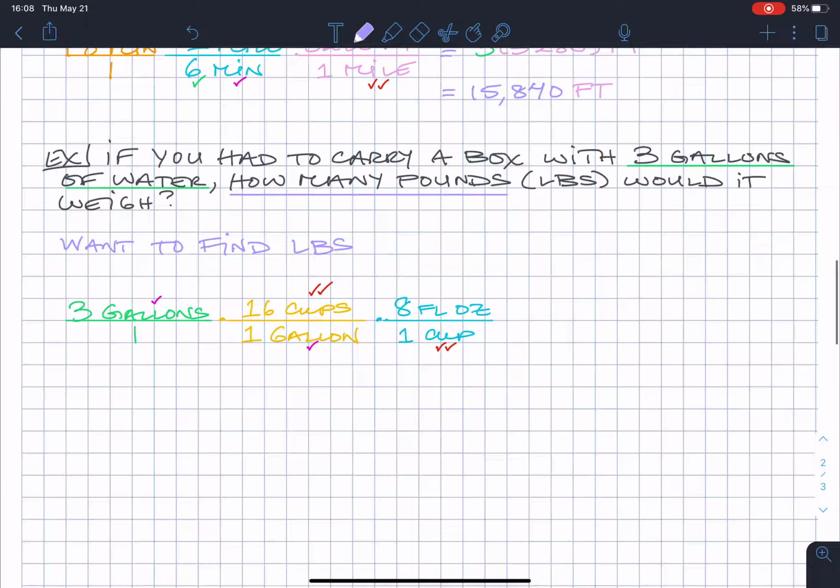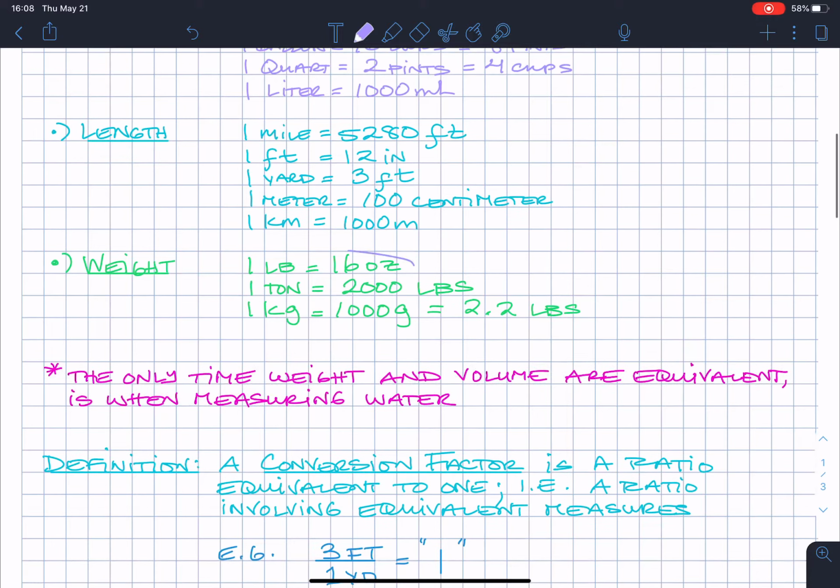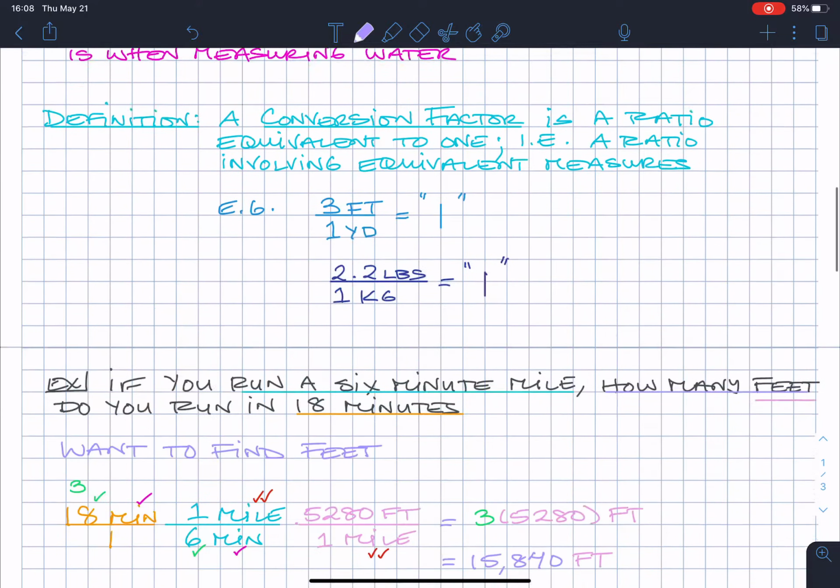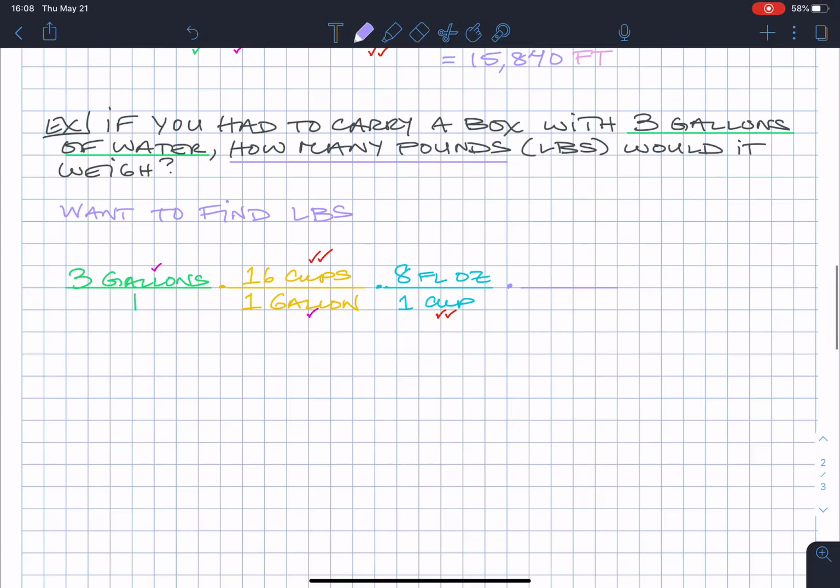So how many ounces are in a pound? Looks like there's 16 ounces for 1 pound. So since I want to reduce ounces, I'll put 16 ounces on the bottom and 1 pound on top. So now that's going to allow me to reduce the unit of ounces. And I don't need fluid here because I'm talking about water. And the weight of water and the volume of water is equivalent.